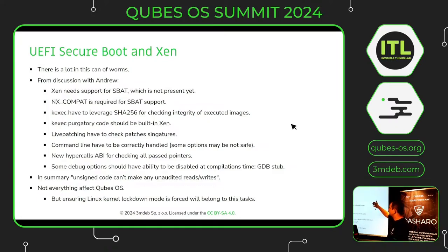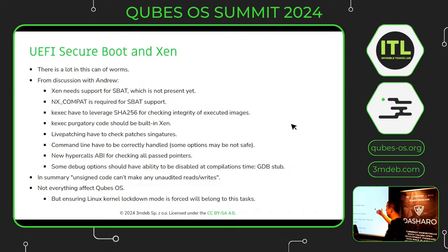NX compat: this is about having executable code in the data section of the binary, and this is something Secure Boot requires to comply with. Then there is kexec leveraged inside Xen. Then there is a need for integrity checking and signature checking in this kexec stuff.